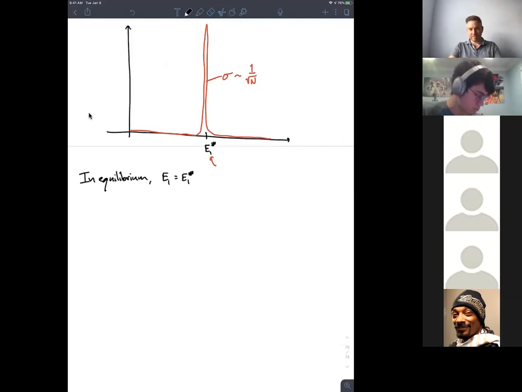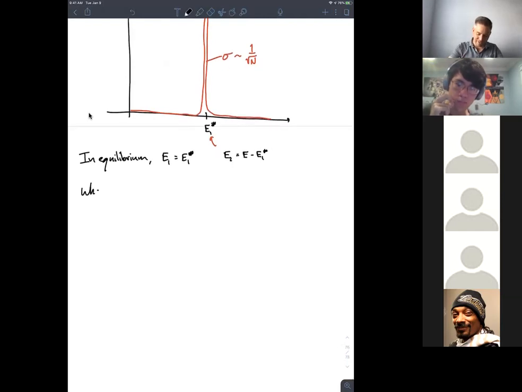Very precisely, and the fluctuations away from E1 star will be very small. Similarly, E2 will be equal to E minus E1 star, very precisely equal to whatever this value is. Now the question is, what is E1 star? That is, what is the equilibrium value of E1 and E2 that these things settle into?